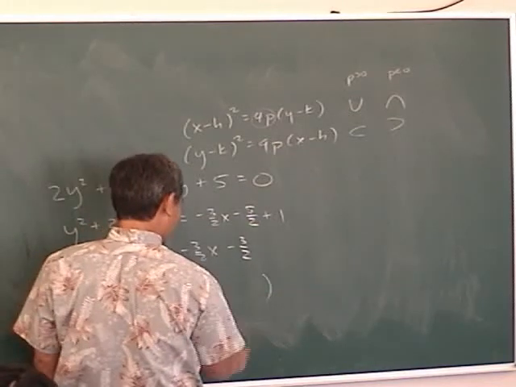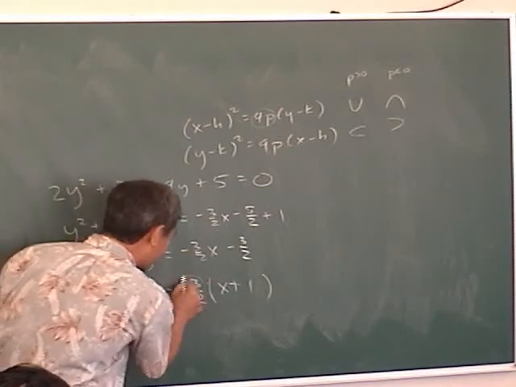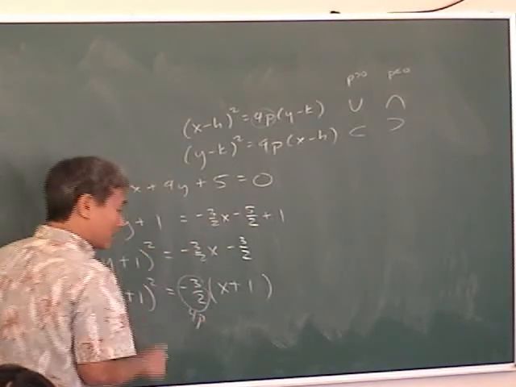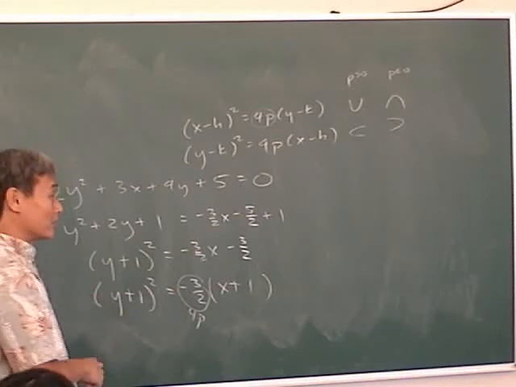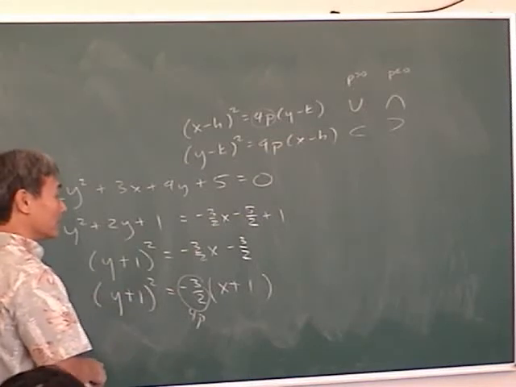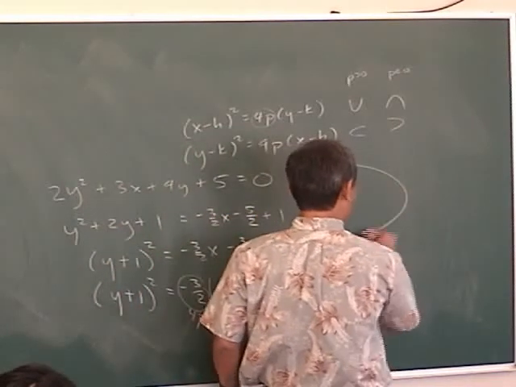And what's going to be left? x plus 1. Now we have standard form. You see this thing here? That's 4p. The length of the latus rectum is 3 halves then. Not negative 3 halves, 3 halves, because length cannot be negative. That negative sign is just telling you it's opening to the left, because this is a left-right one. So we know the parabola opens to the left.